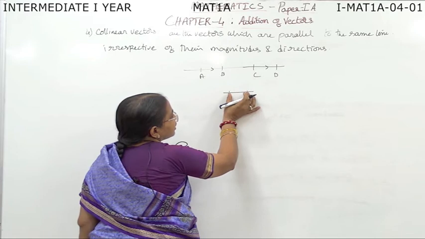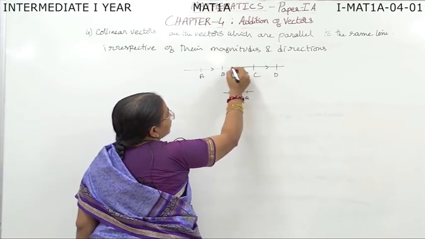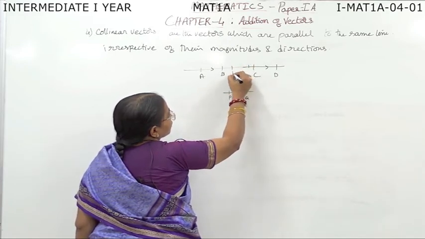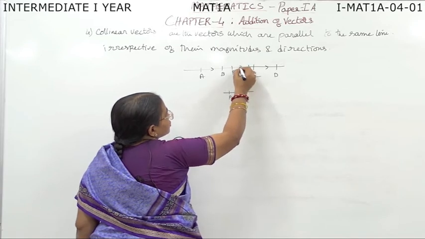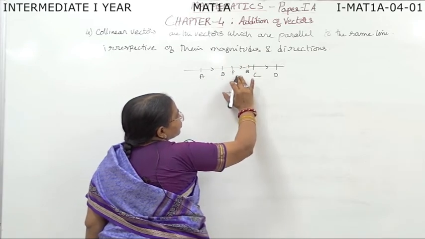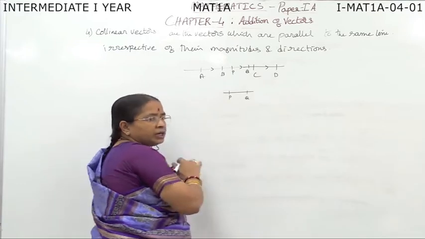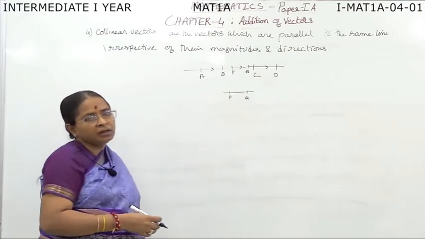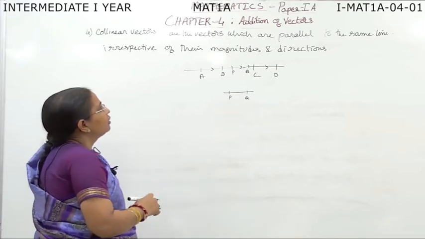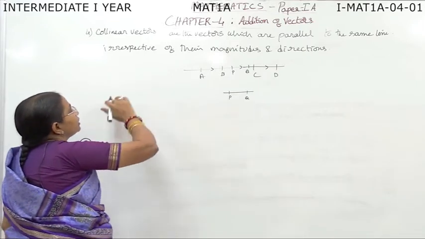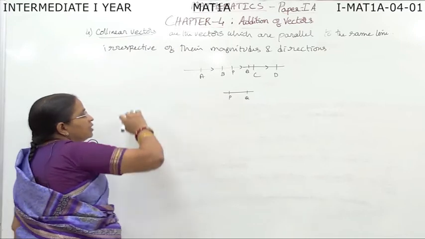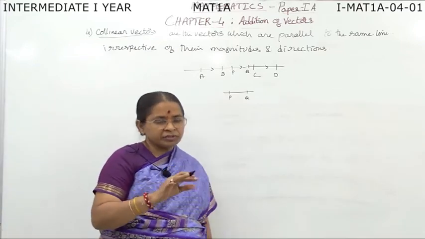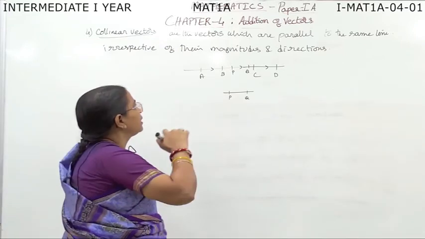I can draw a vector equal to this vector here, a vector PQ here also. So they are collinear. So vector AB, vector PQ, vector CD are all collinear vectors. They can be parallel or they can be on the same straight line. So collinear vectors are the vectors which are in the same straight line or in parallel lines.